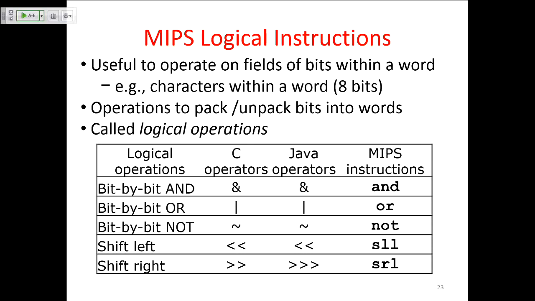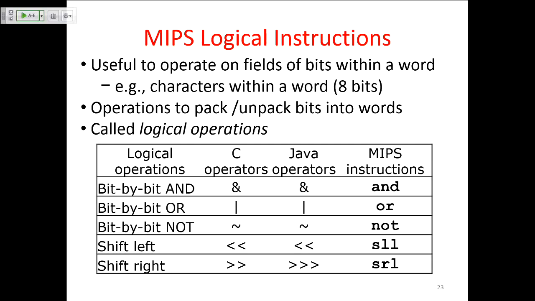Take a 32-bit word in one register and another 32-bit word in another register, and you can do a bitwise logic operation. For example, bit-by-bit AND is very useful when you're trying to create a mask of bits that later you can use to modify only a select portion of the whole word. Let's say you want to operate only on some byte in the word. You'll first create a mask that covers with ones just that piece and then do operations on that.